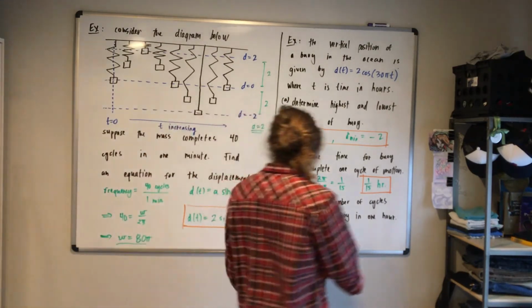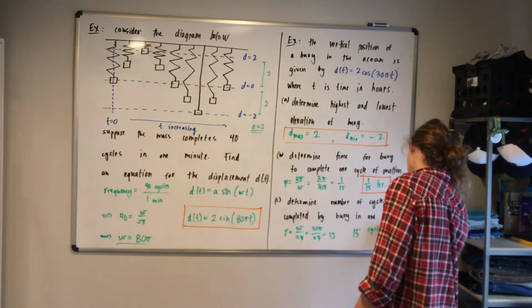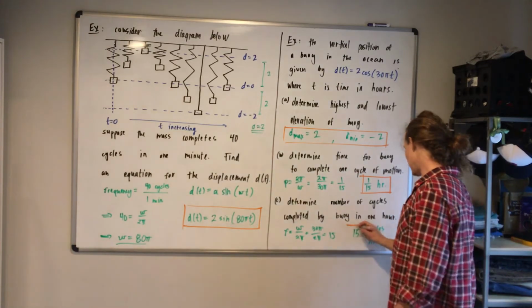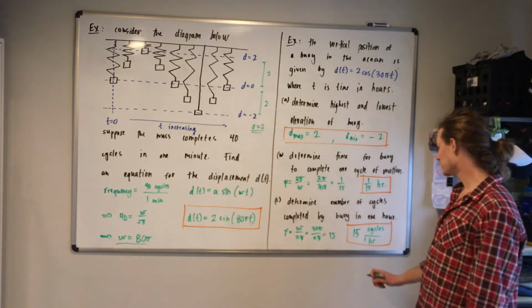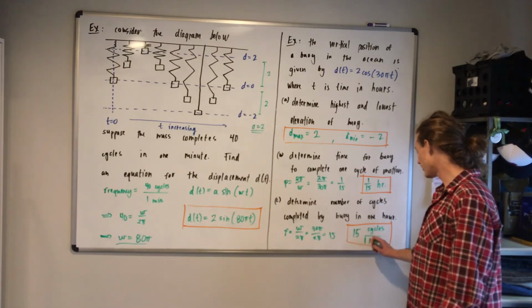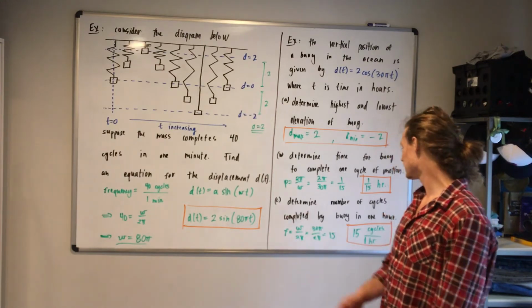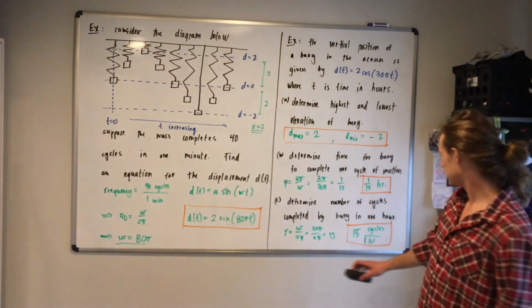And this says that we'll complete 15 cycles every hour. If I wanted to be exactly answering my question there, my rate is 15 cycles per hour, and my answer then is 15 cycles are completed in 1 hour. So maybe I should write that instead.